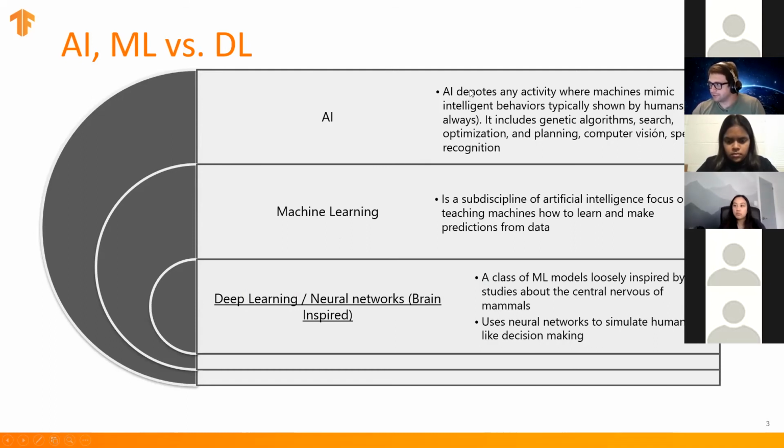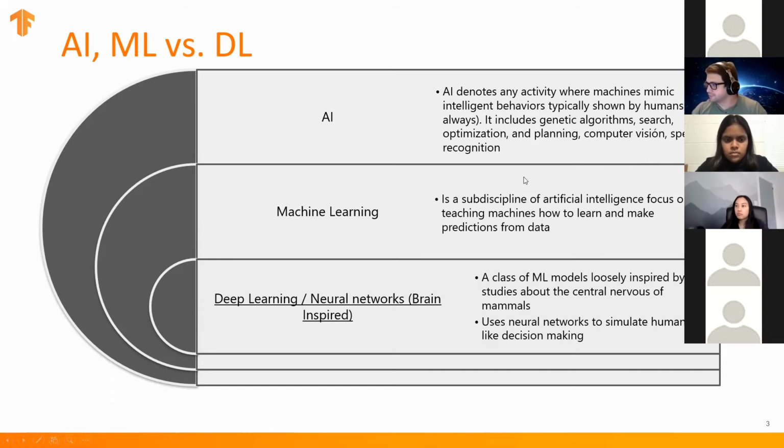Artificial intelligence denotes any kind of activity where machines somehow mimic intelligent behaviors shown by humans or sometimes by animals. This includes research areas like genetic algorithms, optimization, planning, computer vision, speech recognition. You're going to find this a lot.